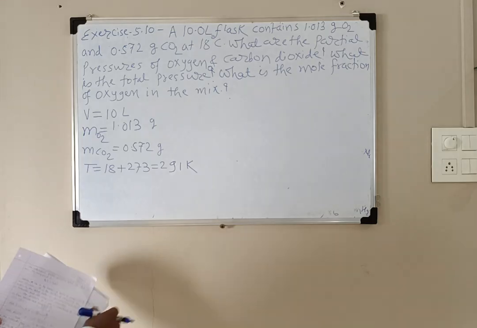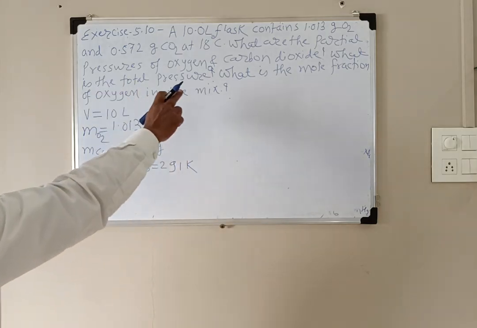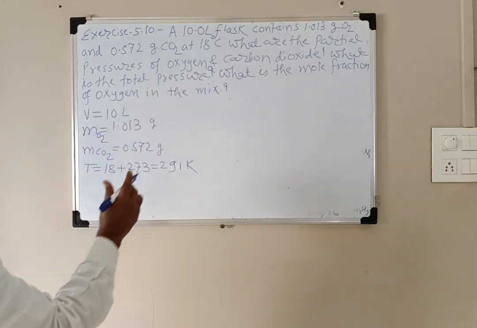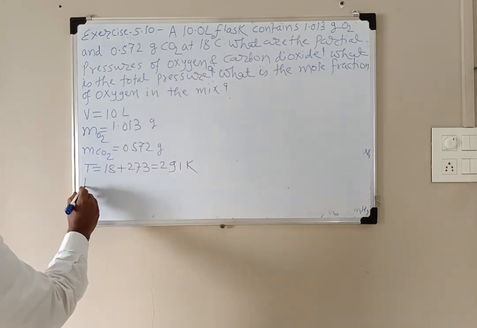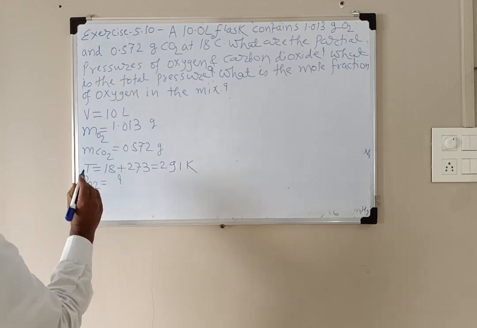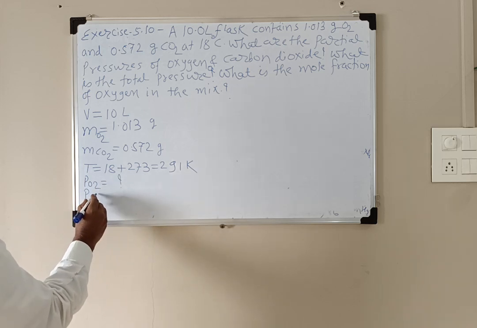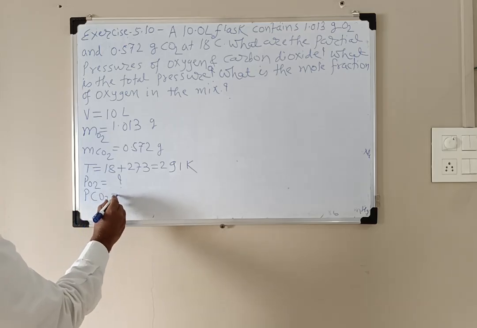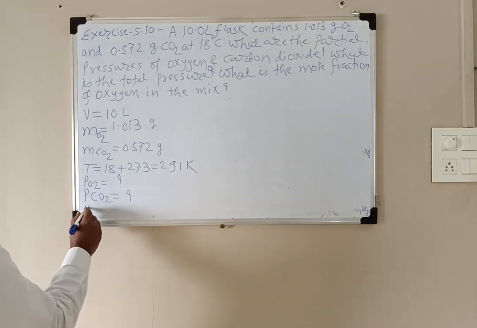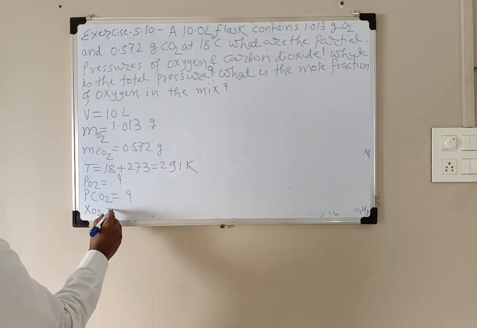We have to calculate what are the partial pressures of oxygen and carbon dioxide. P of O2 is equal to question mark. P of CO2 is equal to question mark. Mole fraction of oxygen, X of O2, we have to calculate.